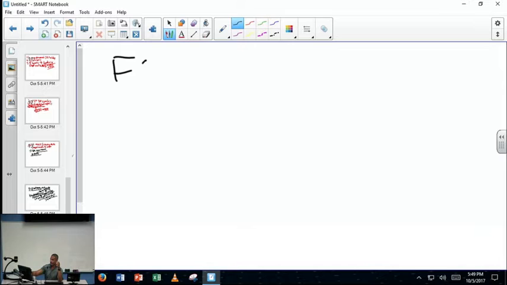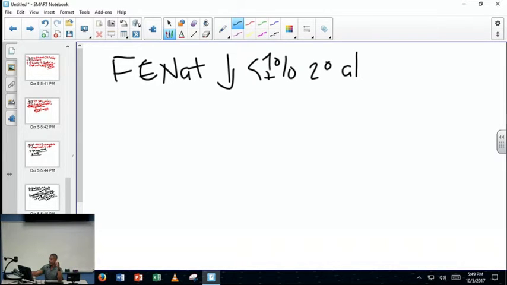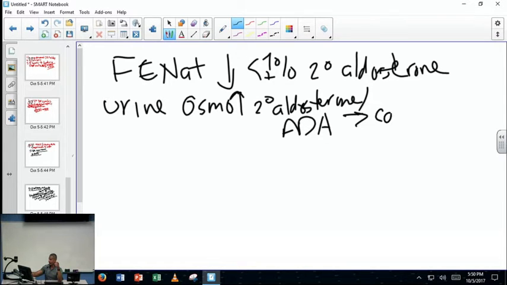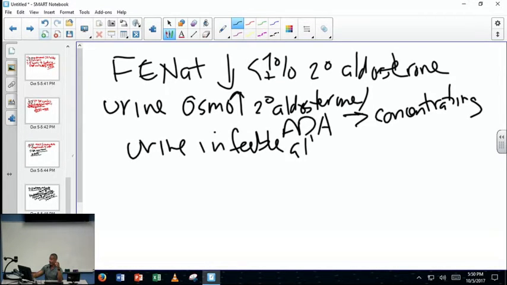So low, less than 1%, secondary to aldosterone. I'm putting the mechanism. Okay? Your urine osmo is going to be high, secondary to, again, aldosterone and ADH concentrating urine in a feeble attempt to increase intravascular volume.